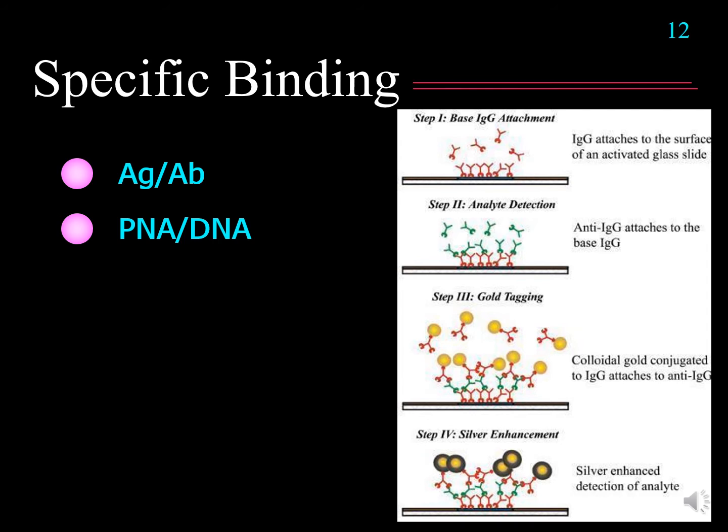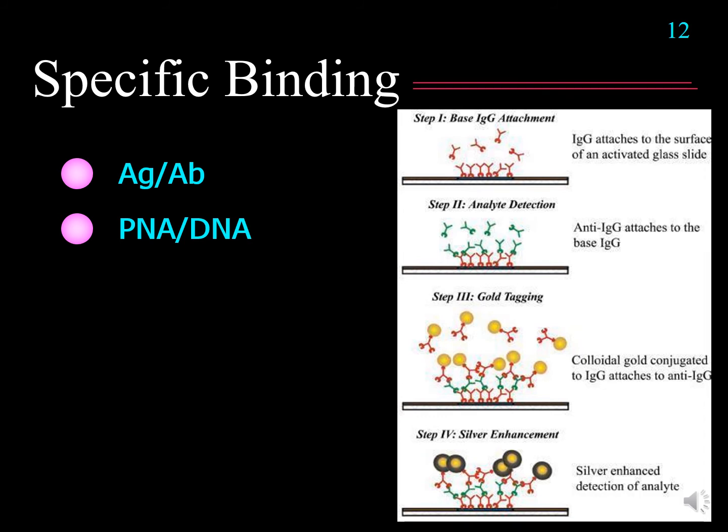So what we can do is enhance the color change by adding silver ion. Silver ion can be reduced very easily because the reduction potential of silver ion is about positive 0.8 V, so it is easily reduced and then attached on top of the gold.